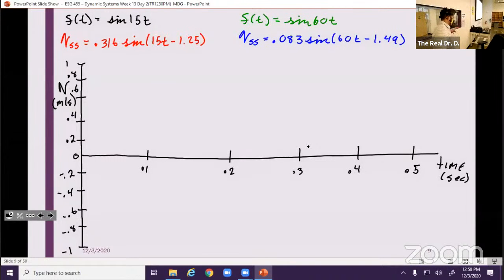Perfect. Right. So we plot sine 15t. You can do this on your calculator if you have a graphing calculator. Sine of 15t is going to give me a peak at roughly 0.1 seconds, and then again around 0.3 seconds. And it'll cross 0 about here and about there.